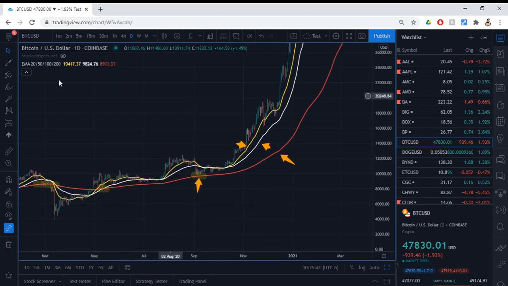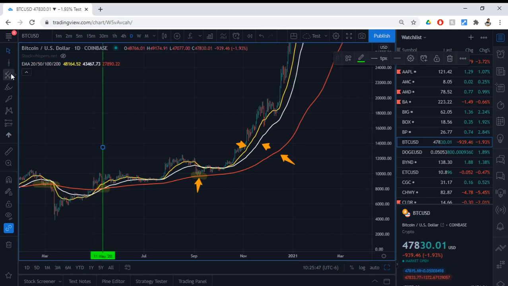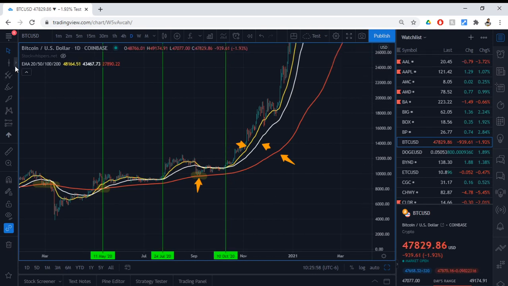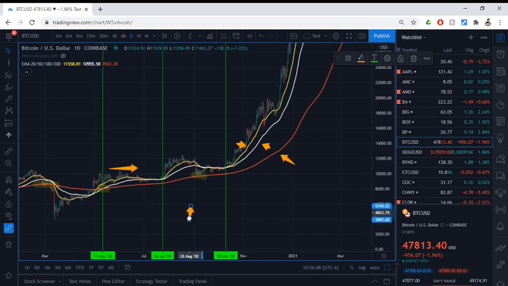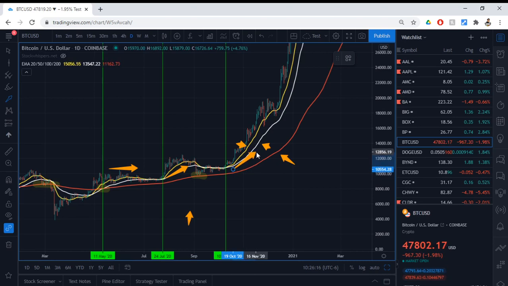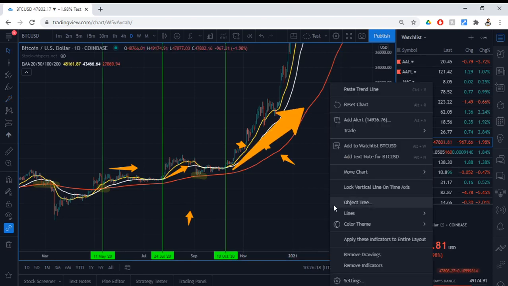So if we look back here and see at what point in history this scenario happened, we can see the movements that originated after this condition was validated. So here we got this pop. Here it kind of went flat, and then here we eventually moved up big, right?